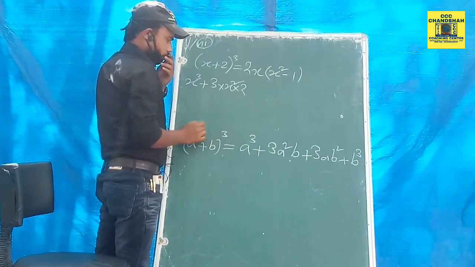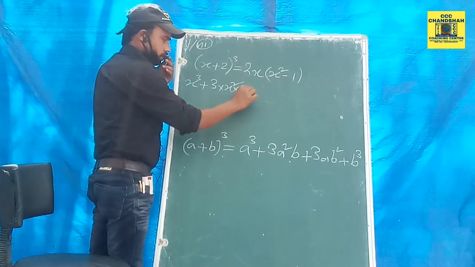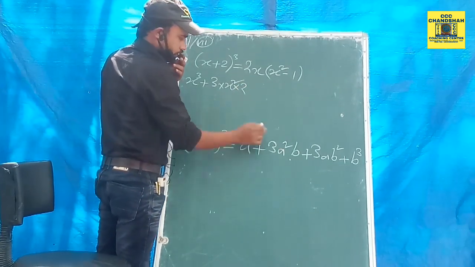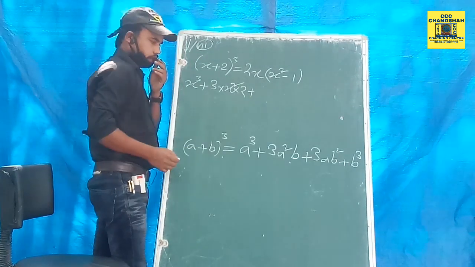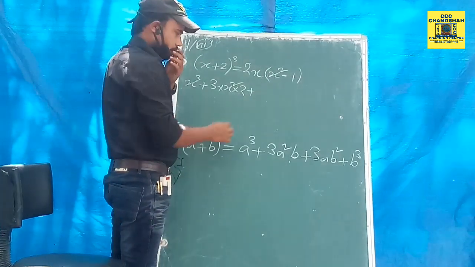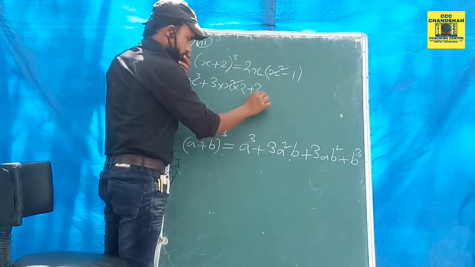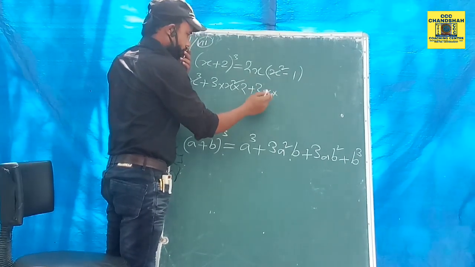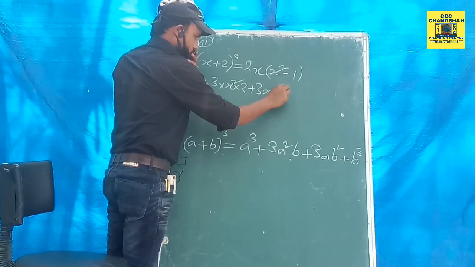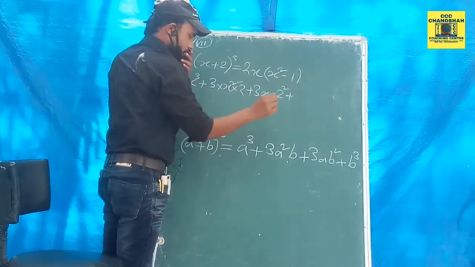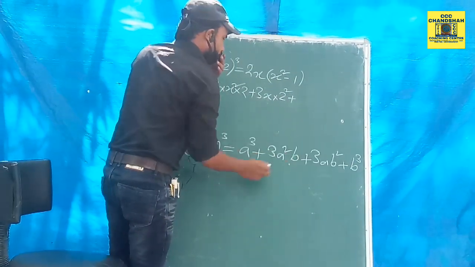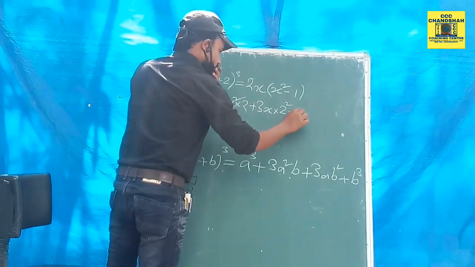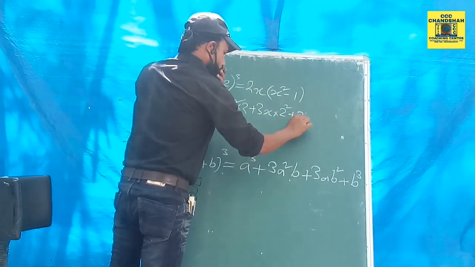That is 2, plus again thrice a b square. 3 into a is x, into b square, that is 2 square, plus b cube. b cube means 2 cube.